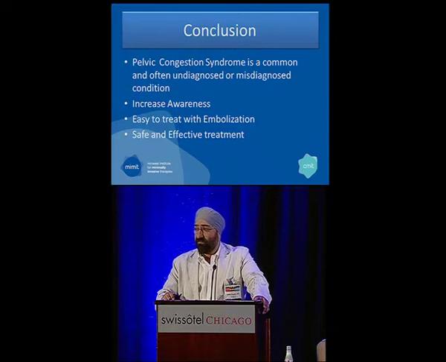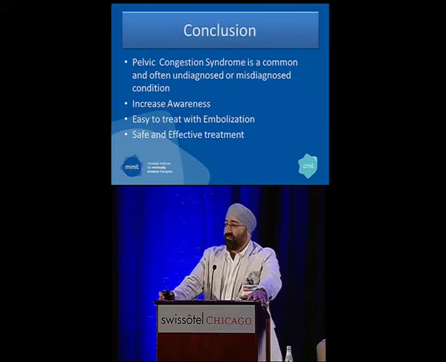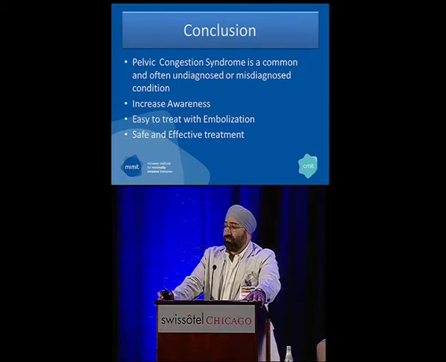Actually, there's another side to that, because in the first paper to show a probable association between pelvic congestion and the CT findings of a big left ovarian vein, the authors had to sort of recant the paper because the number of people who had symptoms consistent with pelvic congestion syndrome was low.